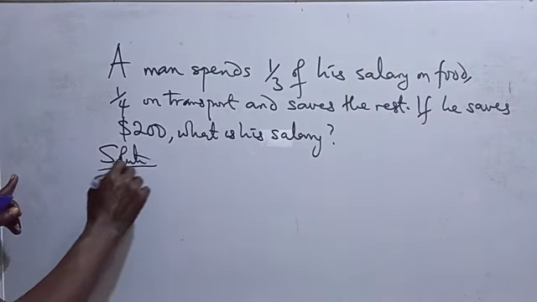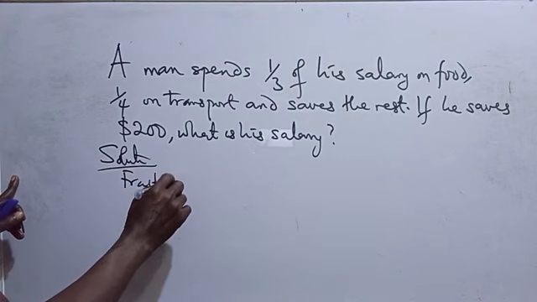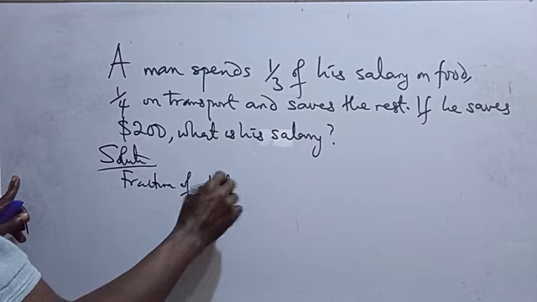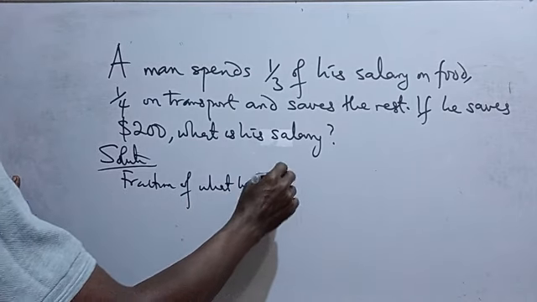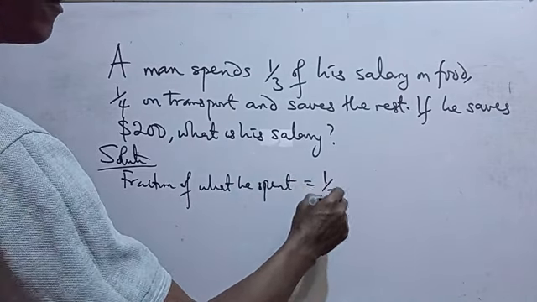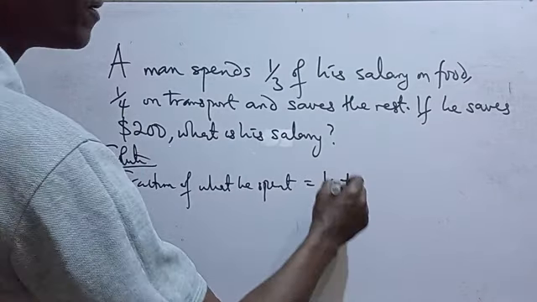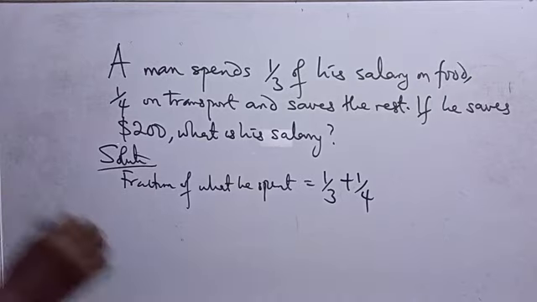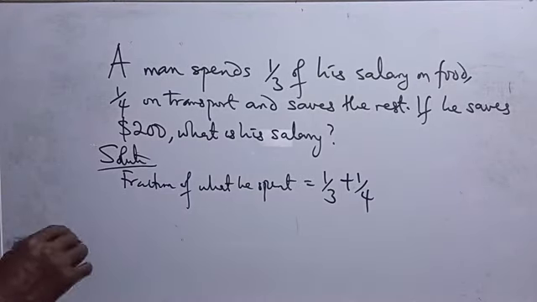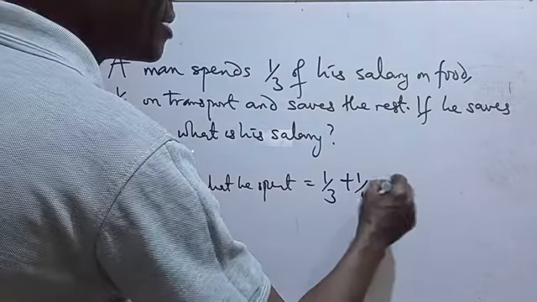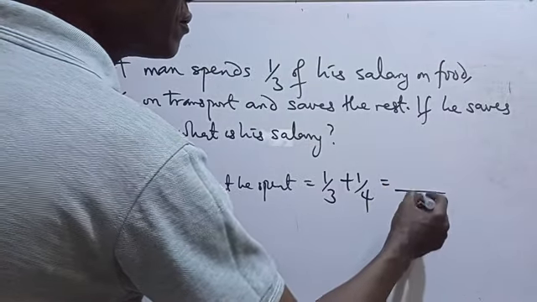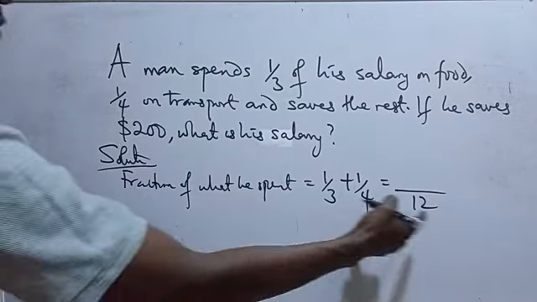Now, the fraction of what is spent would be 1/3 on food and 1/4 on transport. That is the total fraction of what is spent. So the LCM is what? 12. Yes, 3 times 4 is 12.